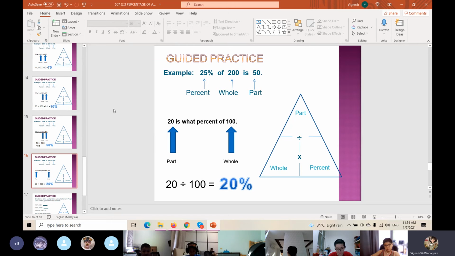Then divide the whole number. What is the value of whole number? 100. Okay, very good. Now 20 divide 100 is equals to what?